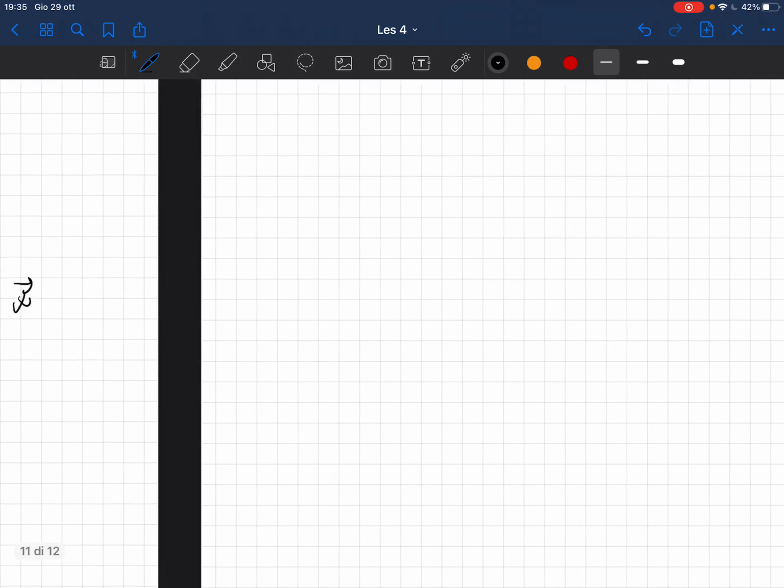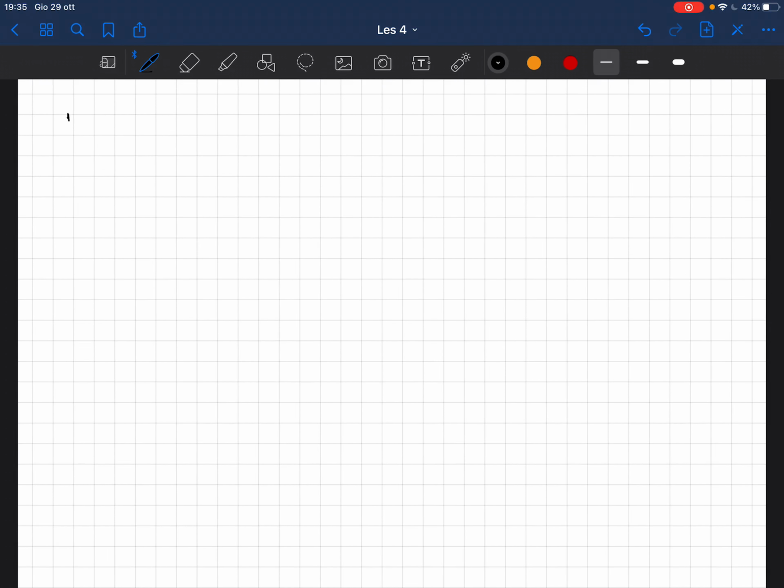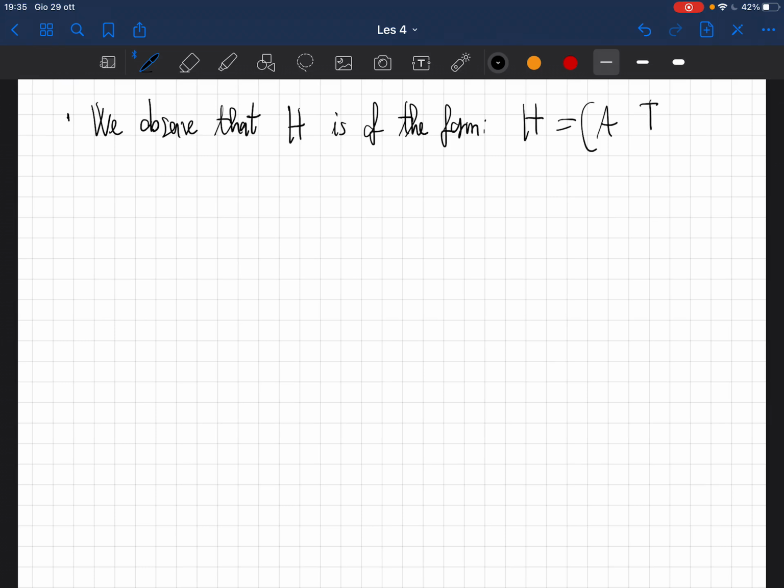So we start. We observe that H is of the form H equal to A and the identity 4 by 4.